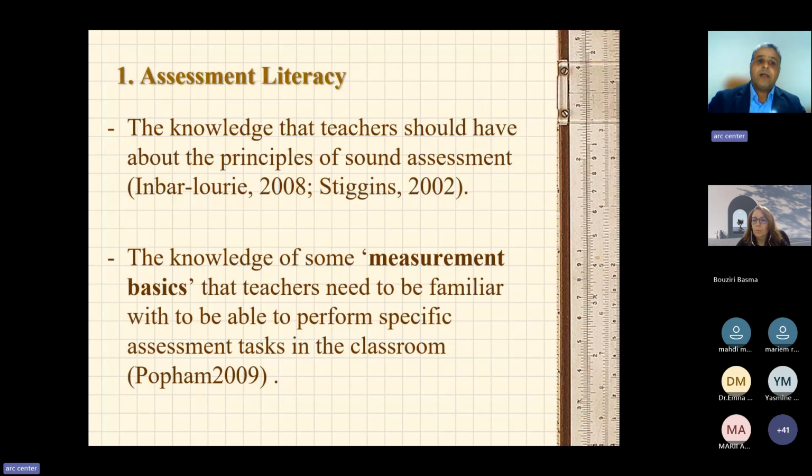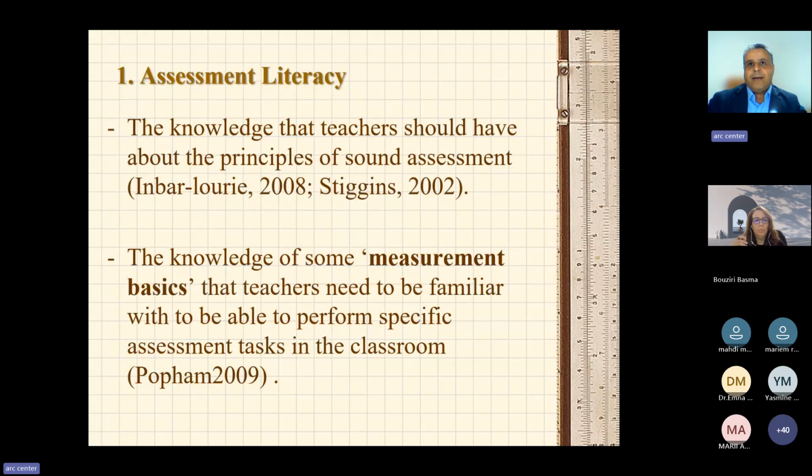So if we start by defining the term assessment literacy, the interest in assessment literacy started with Stiggins in the late 1990s, and then more work was done by Linda Taylor in 2000, 2006, and then Inbar-Lourie also explored this.